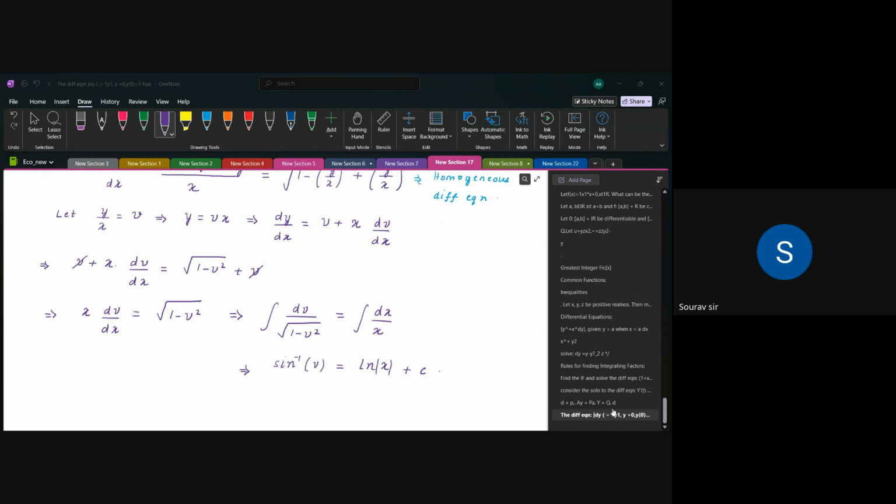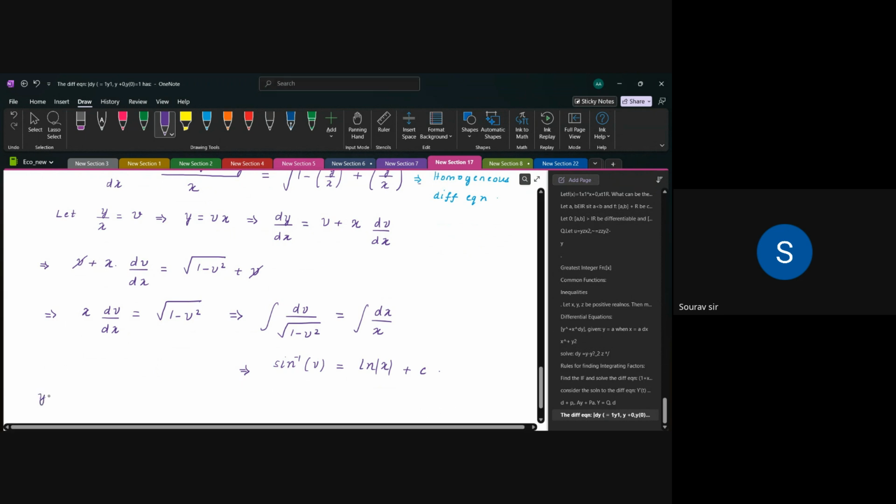And what is the c coming out? We need to get that from the condition given to us. So y of 1 is equal to 0, right? That means if I put x equal to 1, my y will be 0. So sine inverse of v, which is y upon x, is equal to log of mod x plus c.